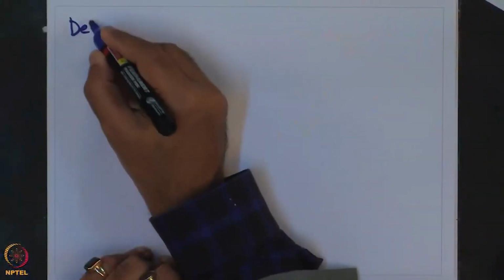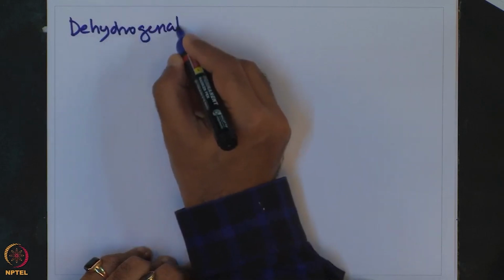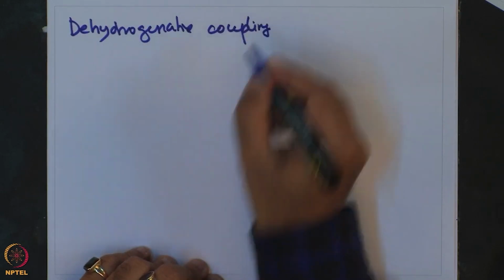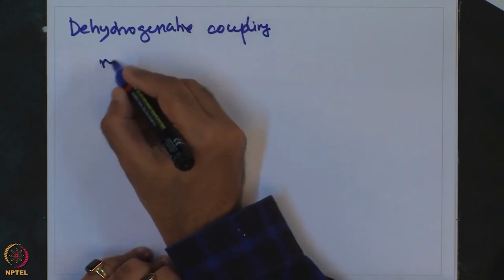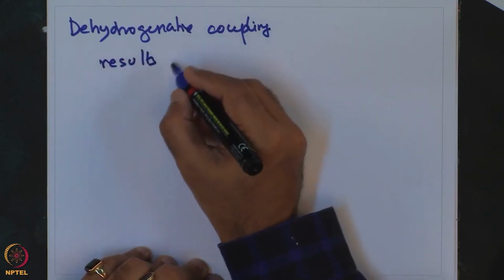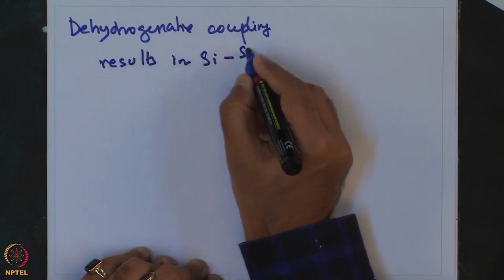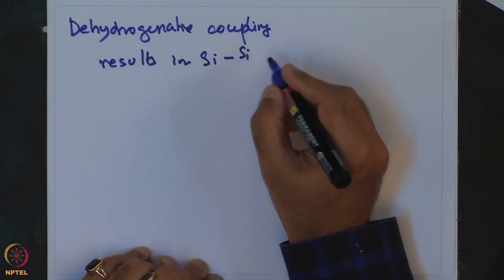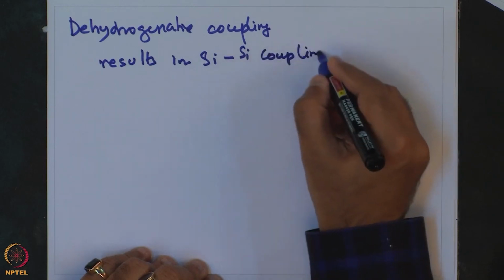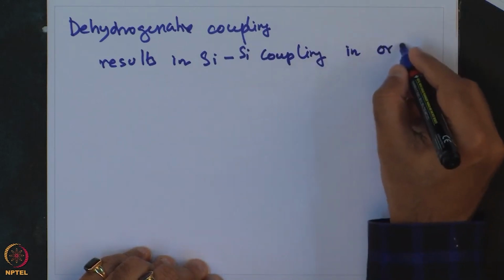So, dehydrogenative coupling results in silicon coupling in organopolysilane.